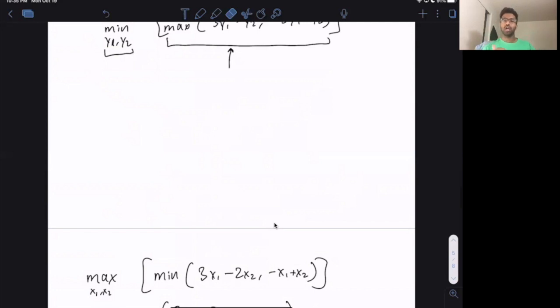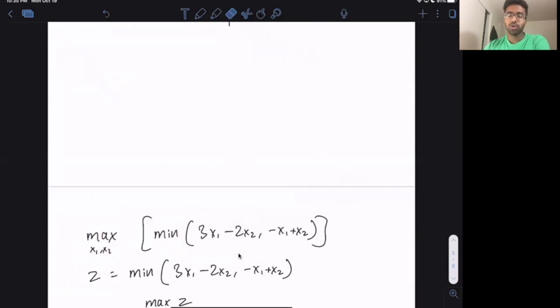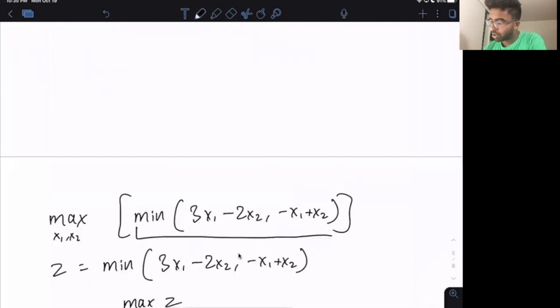Now let's tie it into 170 concepts, right? Linear programming. The moment you see maximize some sort of expression in x1, x2, you can express this as a linear programming problem, right? So for simplicity's sake, let's call this whole thing z.